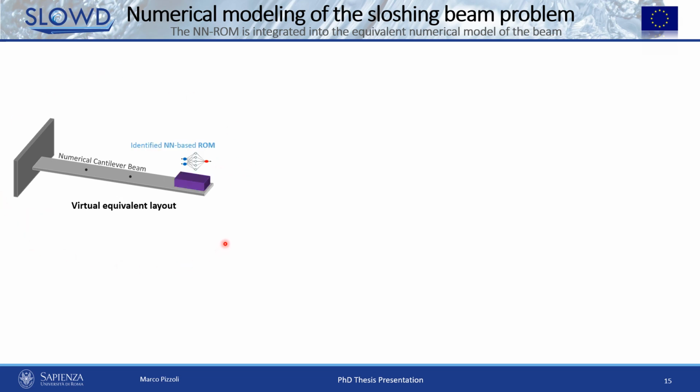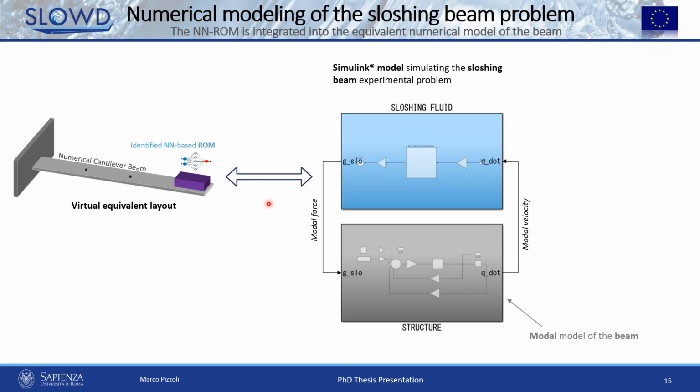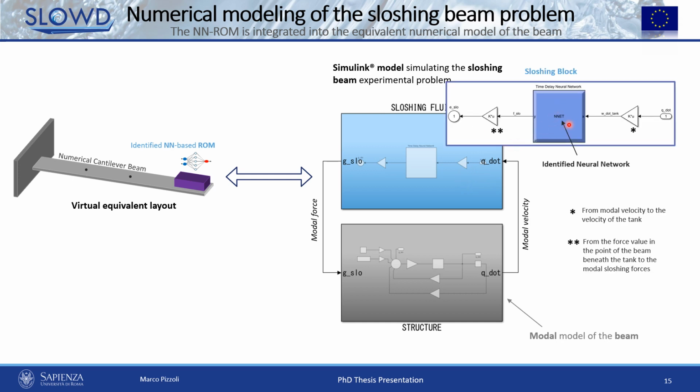This is done in Simulink, creating such a model, here represented, in which the modal formulation of the cantilever beam interacts with a closed loop logic with the reduced order model of vertical sloshing represented precisely by the neural network. So here we have the block representing the identified network.